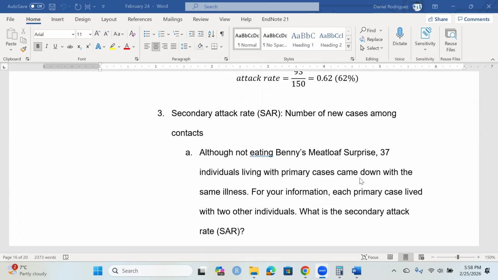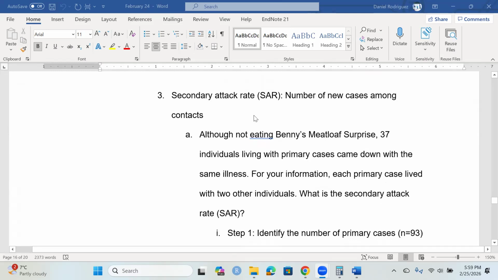So we could have transmission that's either common source or propagated. Common source transmission is what we described with the attack rate after somebody ate some tainted food, then those individuals got sick. But if other people got sick who were not exposed initially, but were exposed to individuals who were cases, then we have propagated transmission.